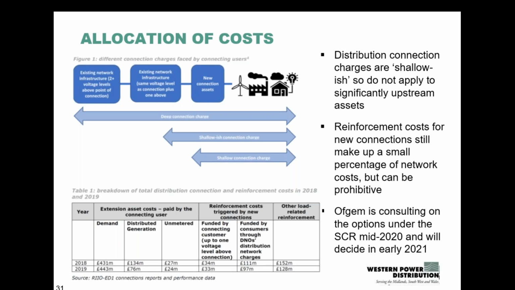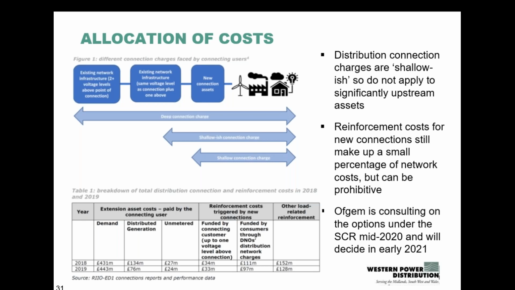But of course, it's still potentially prohibitive if those costs fall to just a single individual. So we recognise that it can be a barrier in some circumstances. So Ofgem is looking at the different options at the moment, whether they want to move to a deep connection charge, a shallowish or shallower, or real shallow charge.